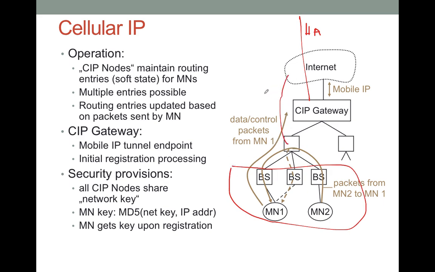This is what we call managing the communication optimization within the micro mobility. About security provisions, all CIP nodes share a network key. The mobile node key is created using MD5 with the network key and IP address, and the mobile node gets the key upon registration in that particular network.